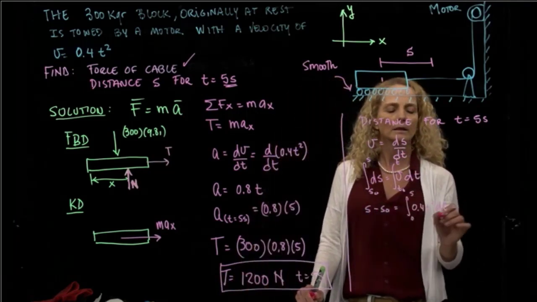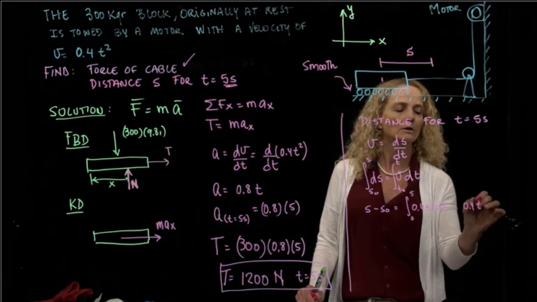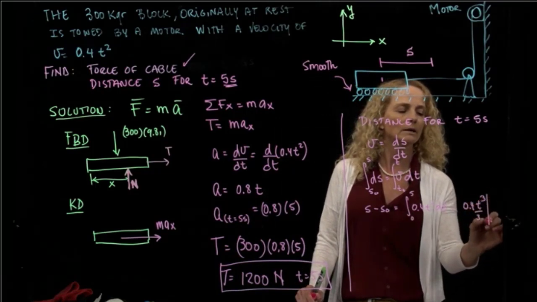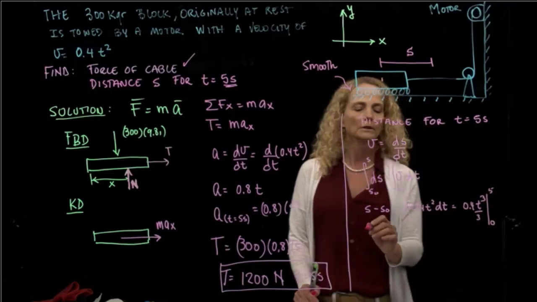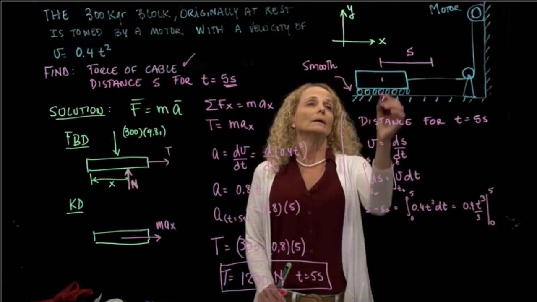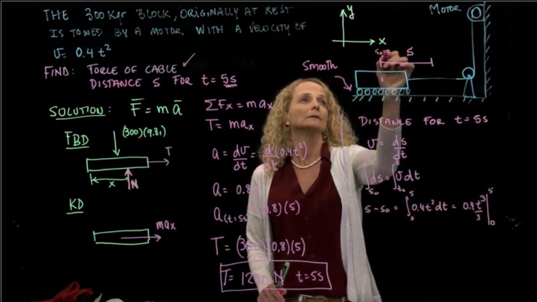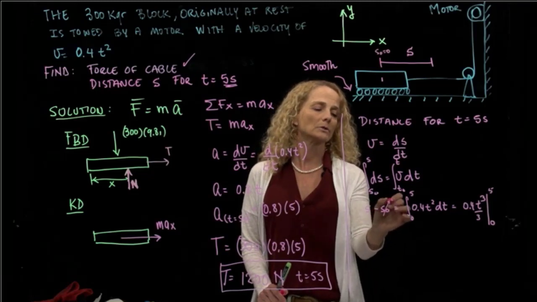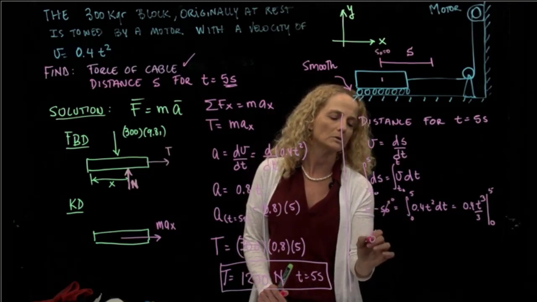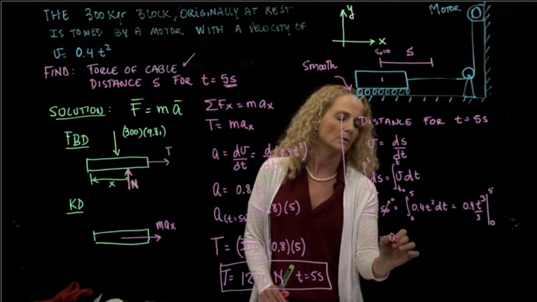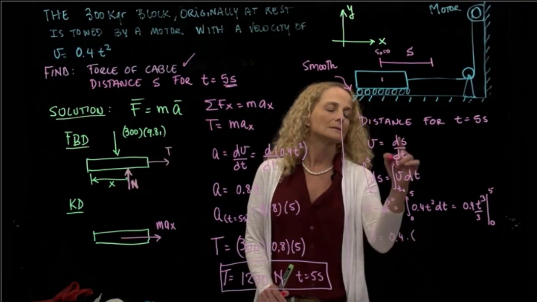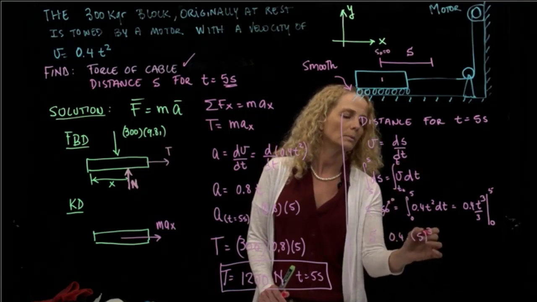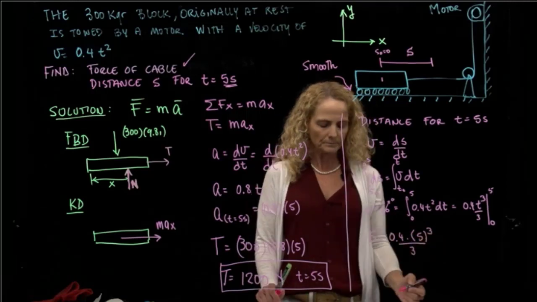So we get 0.4t cubed over 3 evaluated from 0 to 5 seconds. And we can say that S0 is equal to 0, so my initial position is 0, so my final position will be 0.4 times 5 seconds cubed over 3.